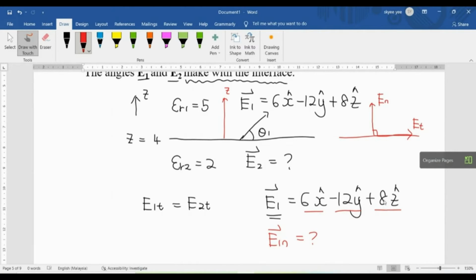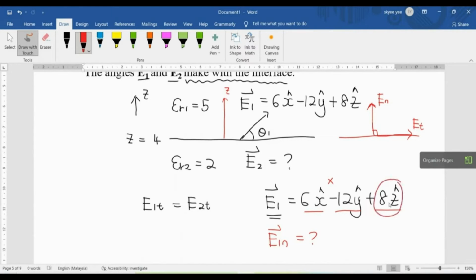Yes? 6x and minus 12y. No, this is not the normal component, but I'm glad that you answered me. I like you to answer me. This one is the tangential component. Like I explained, this is E normal; the E normal component is in the Z direction.